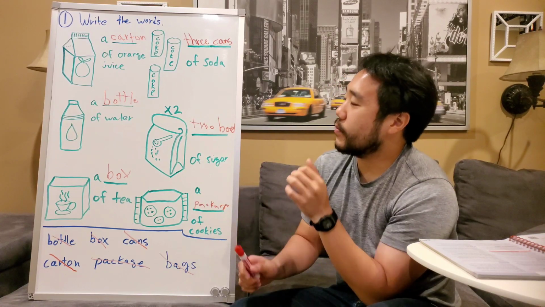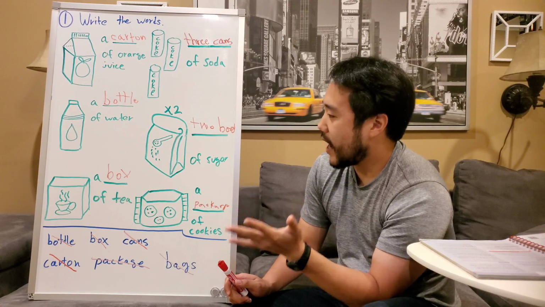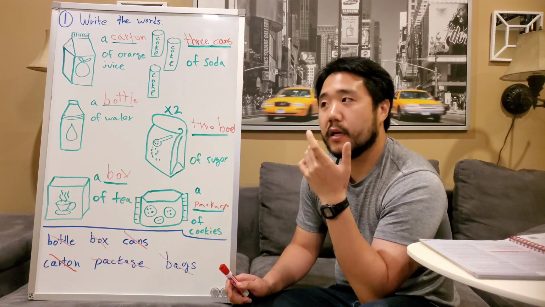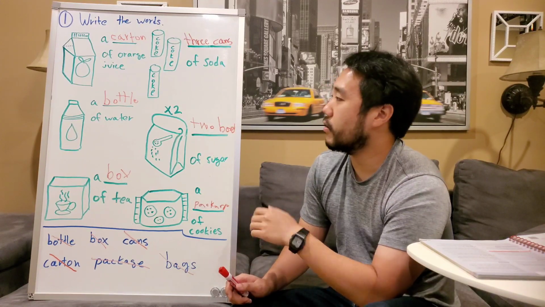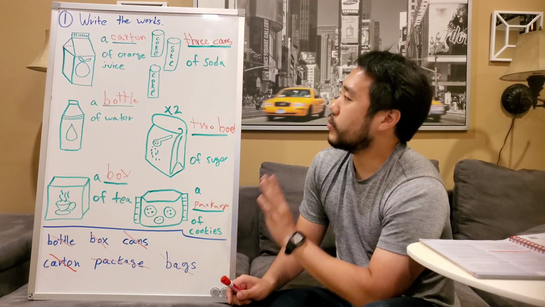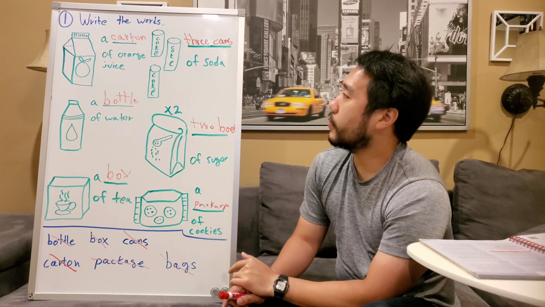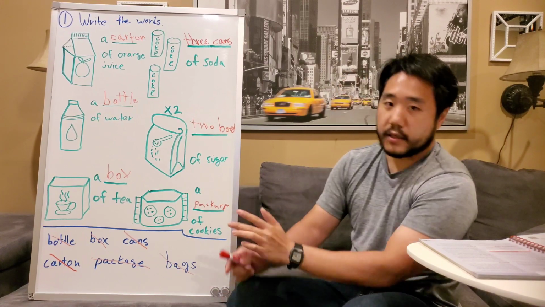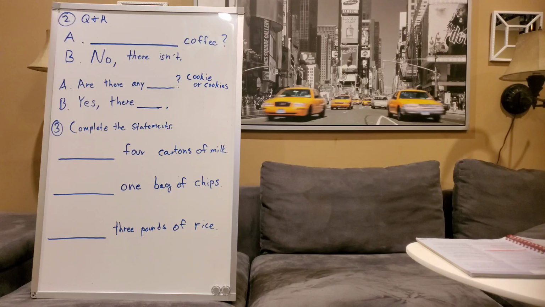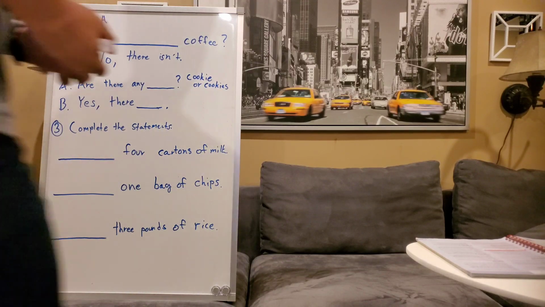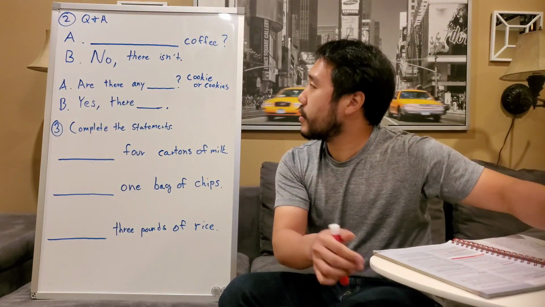So it could be a box, a bottle, cans, bags, packages, cups, or tablespoons, you know. So I think those are some things that you need to be aware of. And we'll do one more exercise. Okay, so we have 2 more exercises.